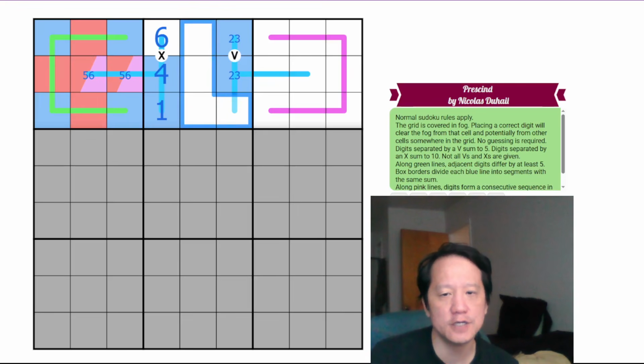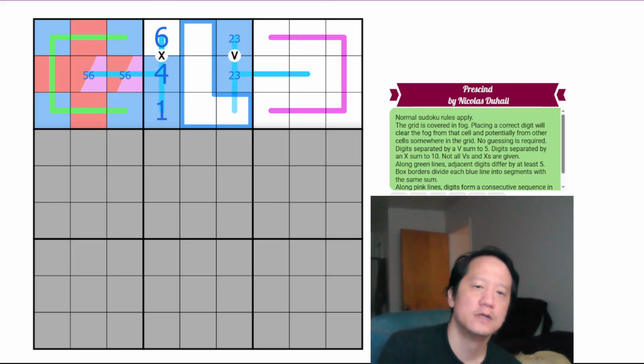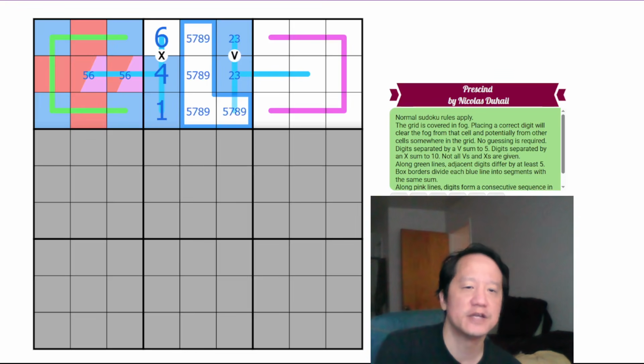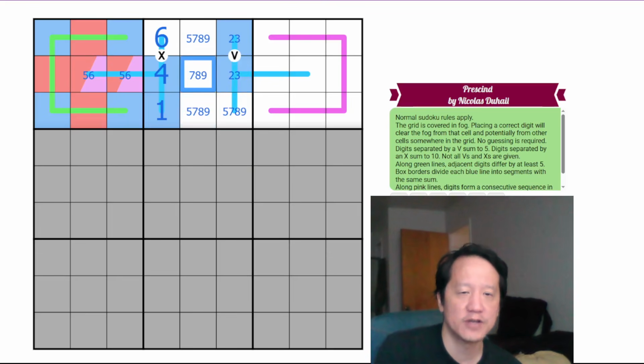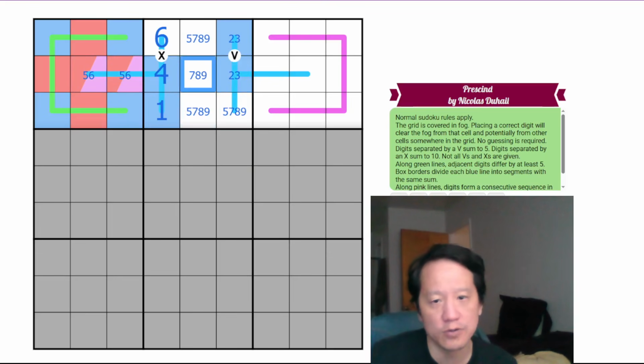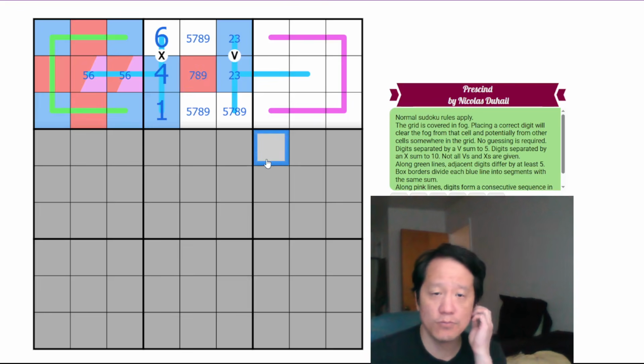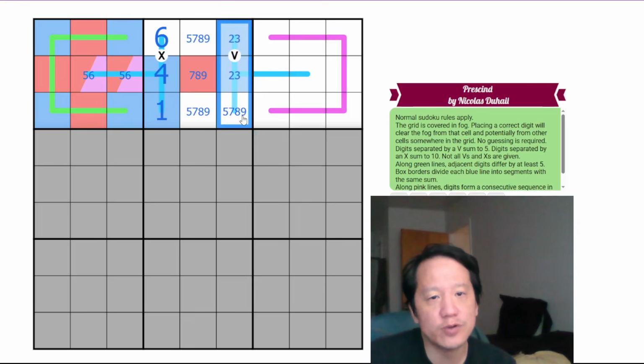Remaining digits in this upper central box are 5, 7, 8, 9. Obviously, 5 cannot be here because of the 5, 6 pair in the row. So this has to be a high digit here. Well, this is adding up to at least 10. So it cannot be 1 and 2 here, because 1 and 2 only add up to 3, right?